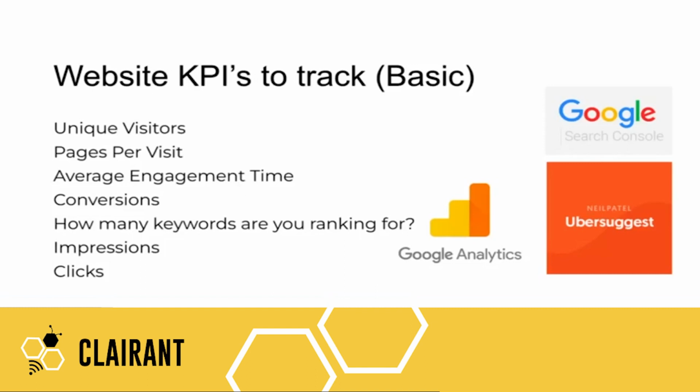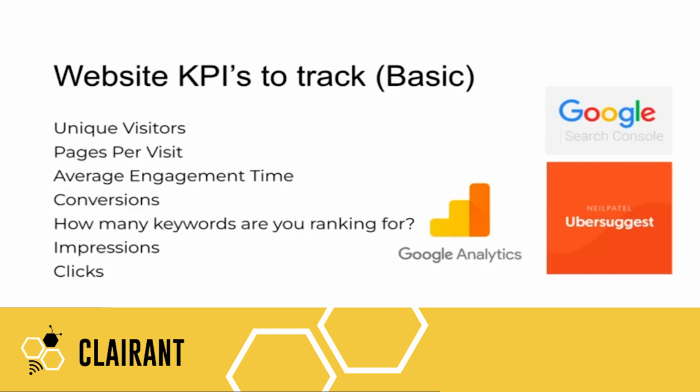So impressions are, if somebody puts a search query in Google, how many times did your website pop up for that search query? Clicks are, of those impressions, how many people actually clicked through to your website, okay? So obviously you want the more impressions, the more chances people are going to click, and you want this to increase over time.